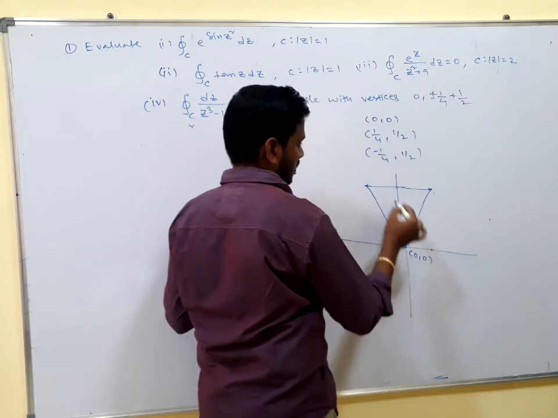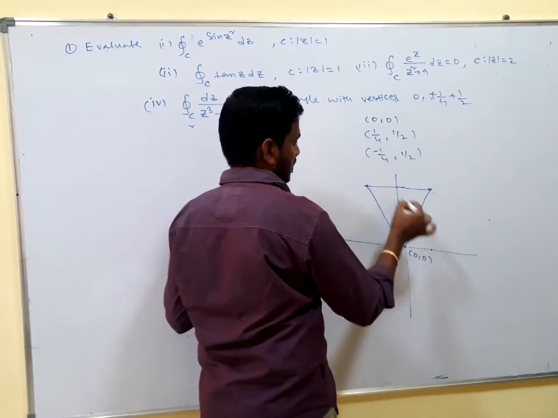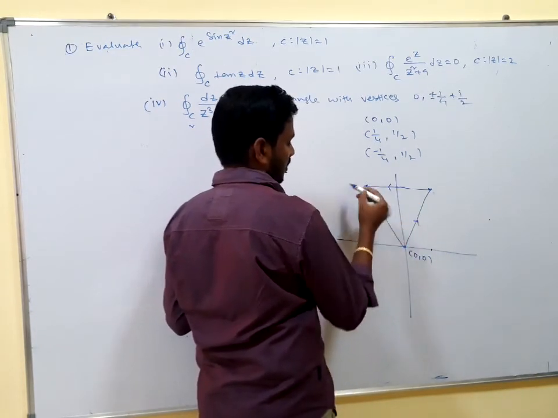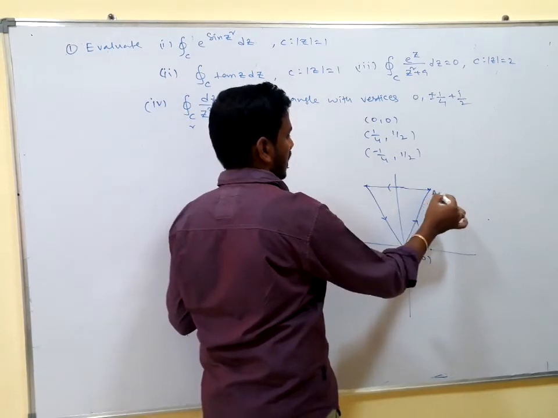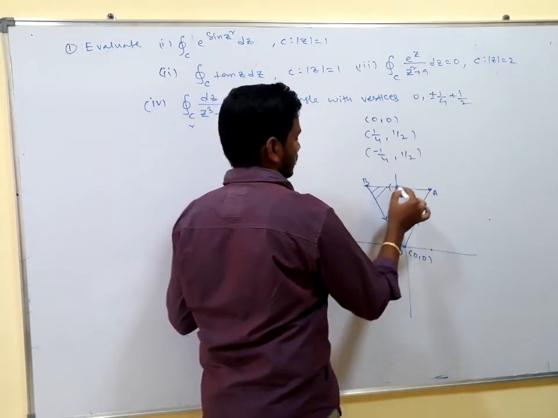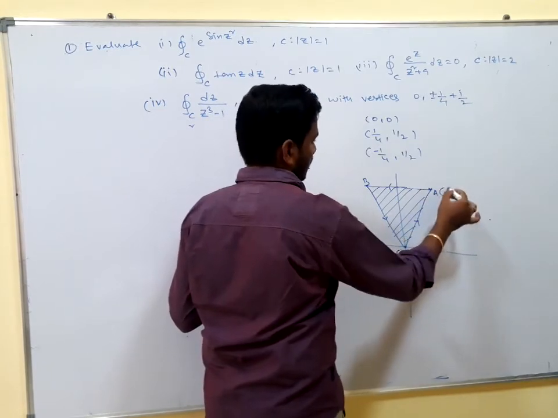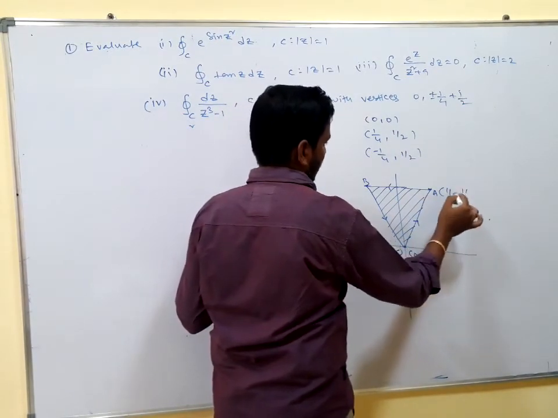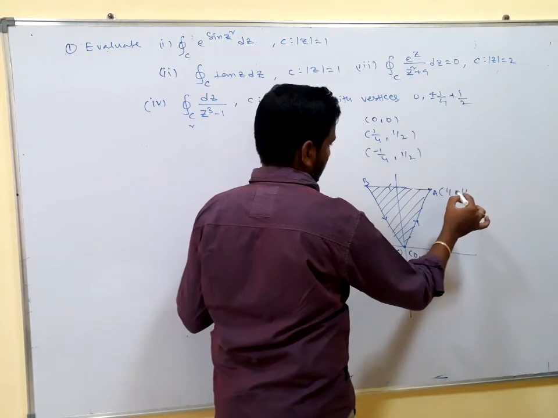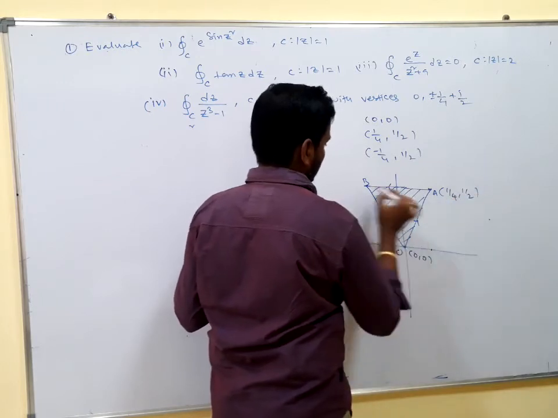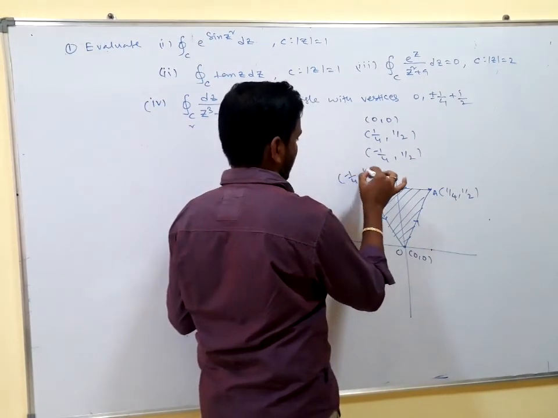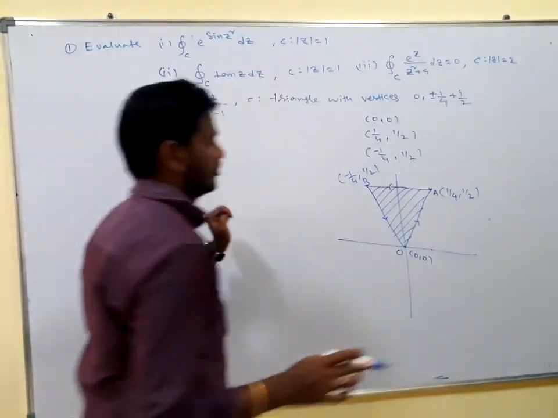If we take this region, this is a simply connected domain O, A, B, with points 1 by 4 comma 1 by 2, minus 1 by 4 comma 1 by 2, and 0 comma 0.